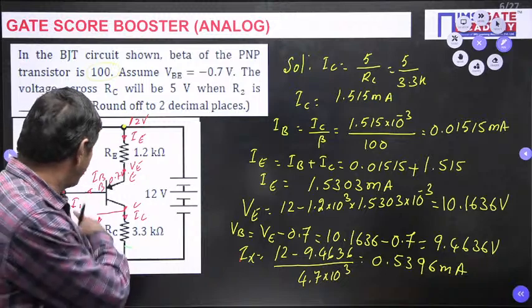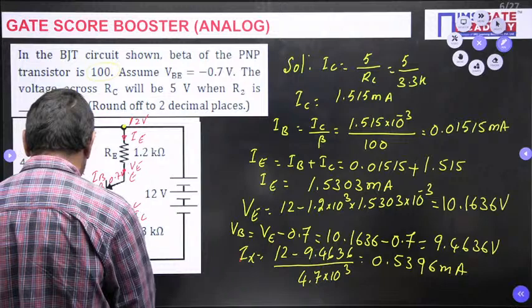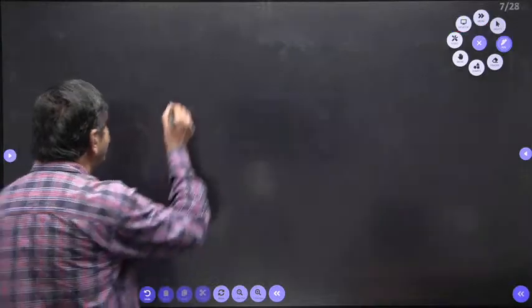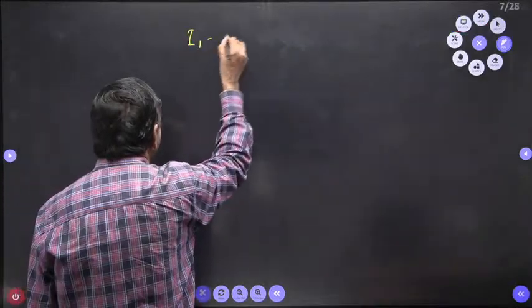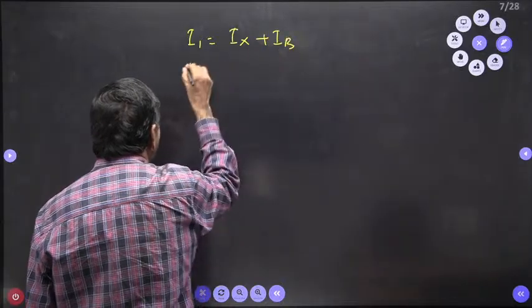But my aim is to find I1 here. How can I get I1? Please watch. I1 is nothing but Ix plus IB. Addition of these two currents gives the I1 value.